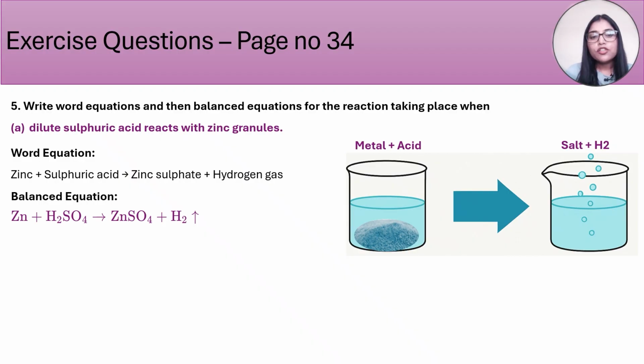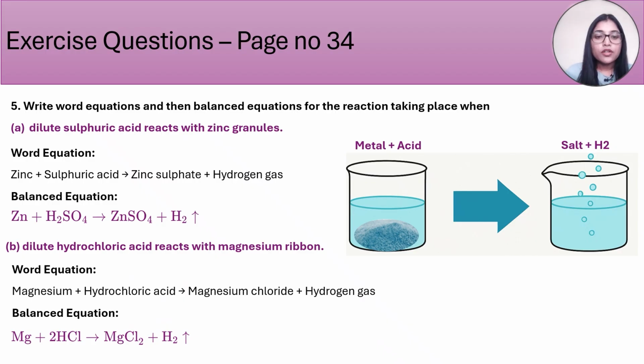The equation for it can be written as zinc plus sulfuric acid gives zinc sulfate plus hydrogen gas. Zn plus H2SO4 is going to give us ZnSO4 plus H2. Equation for hydrochloric acid reacting with magnesium ribbon can be written as magnesium plus hydrochloric acid gives the salt magnesium chloride and hydrogen gas. Mg plus 2HCl gives us MgCl2 plus H2.